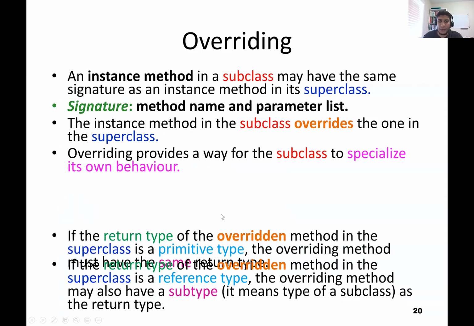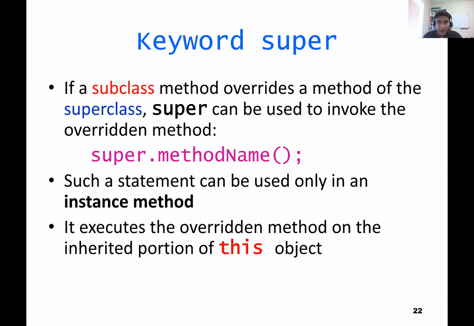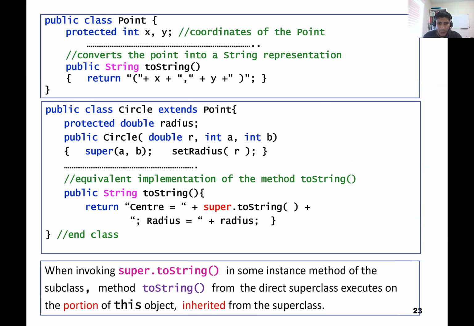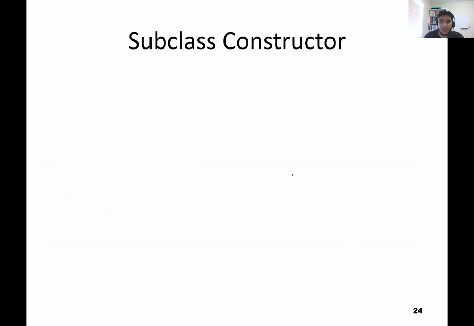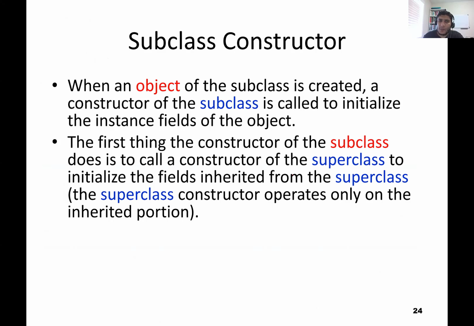Okay, so this is overriding. We have discussed all of this with examples, I believe. Good. So now, I guess we have also discussed the super, and how to call the toString method of the parent inside the child itself. Well, now I guess we also went through the constructor.